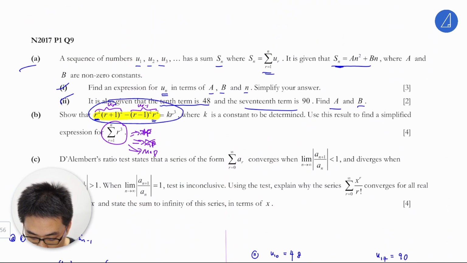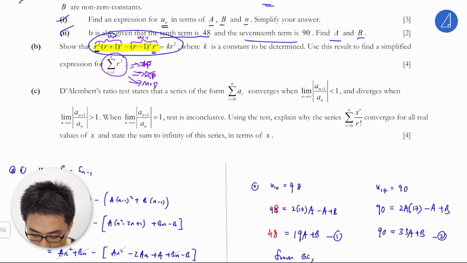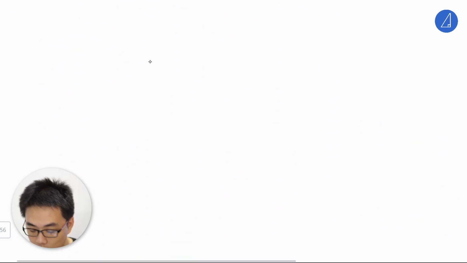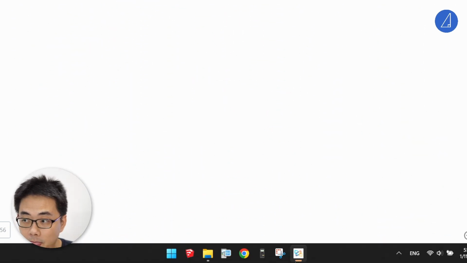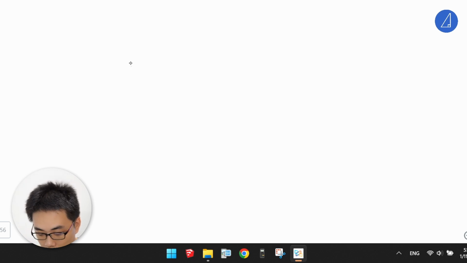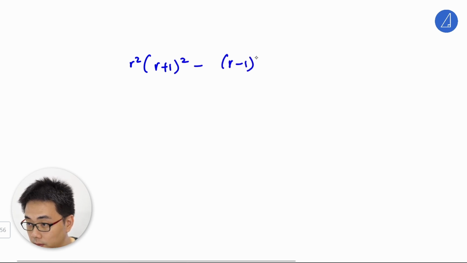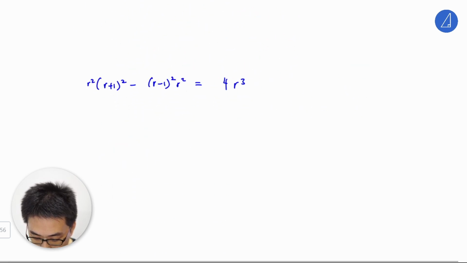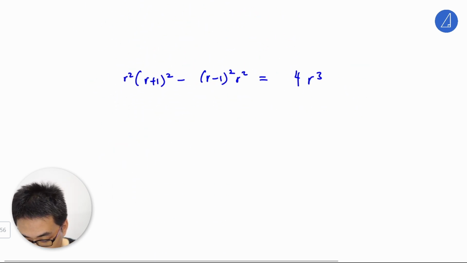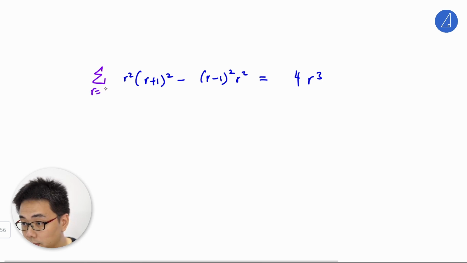Okay, so write it down, use this result to find. So I'm going to write it down. R square, R plus 1 minus R minus 1 for R cube. So what I'll do is I'll just attach a summation in front. R equals to 1 to N.